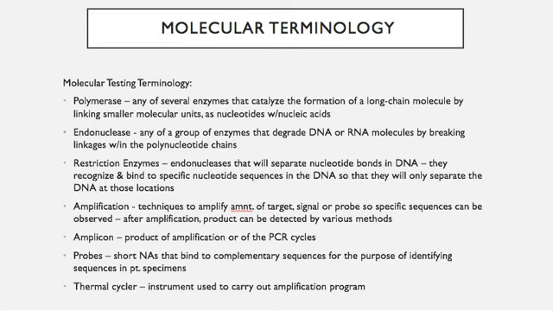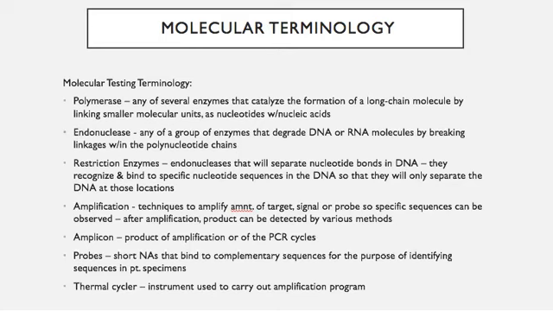Amplification is a technique used to amplify the amount of the target or signal or probe so that specific sequences can be observed. So after amplification occurs, the product can be detected by different methods. An amplicon is the product of amplification or of the PCR cycles.